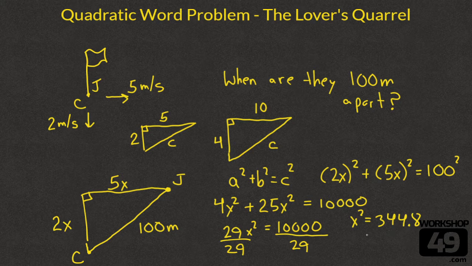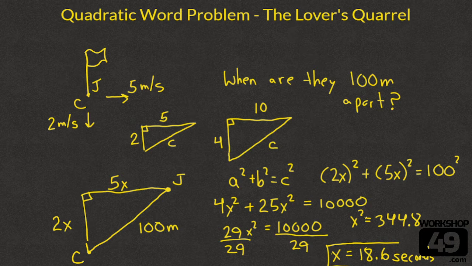We take the square root of both sides, and we get our final answer of x equals 18.6 seconds. That's the time that it takes for Jody and Charlie to be exactly 100 meters away from each other through the diagonal.